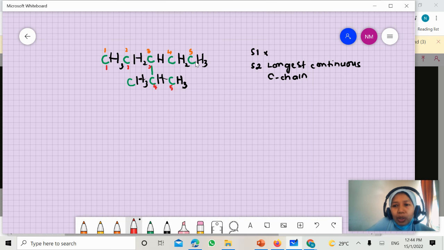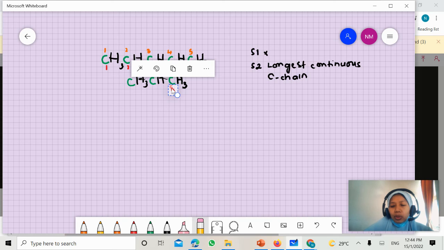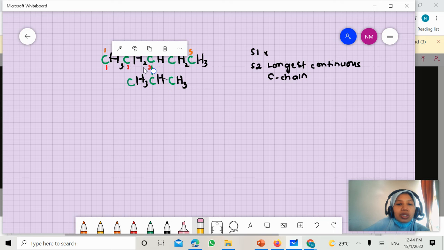Remember, when you have more than one possible carbon chain, you choose the one with more substituents. Refer to the orange one, which is linear. With the orange carbon chain, how many substituents do we have?